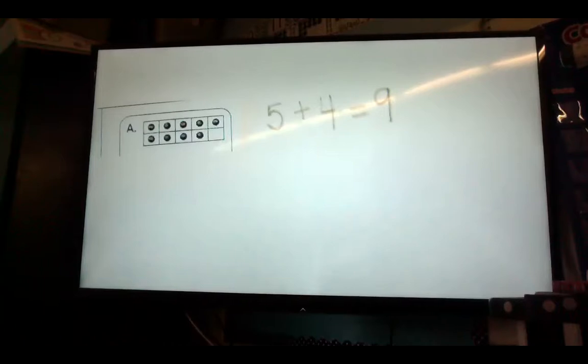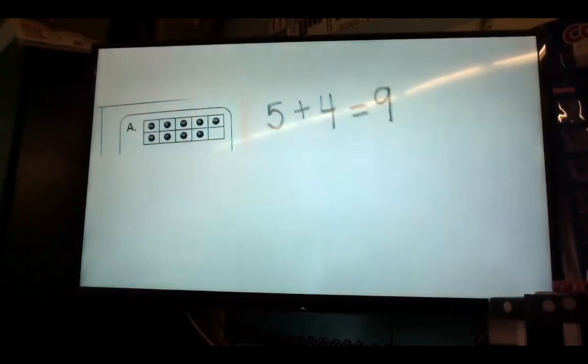Let's read this equation together. 5 plus 4 equals 9. Read that with me. 5 plus 4 equals 9.